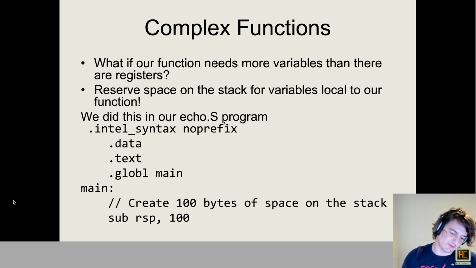And we actually did this. If we go all the way back to when we were doing the echo.s program, we had this little snippet of code. The very first thing we did was create 100 bytes of space on the stack by subtracting the stack pointer down by 100. Why did subtracting from the stack pointer mean that we reserved space on the stack?